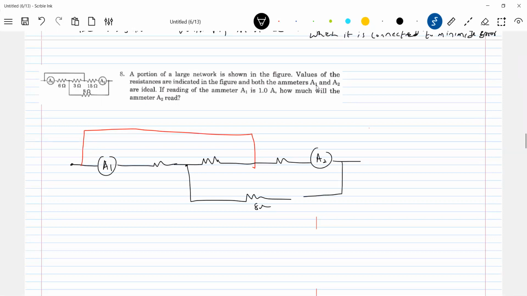It is asking to calculate the reading of ammeter A2. So how much is A1? A1 is given as 1 ampere. I think we have this much information. What is the reading of A2? It's a part of a circuit. 2 amperes. How much? 2.